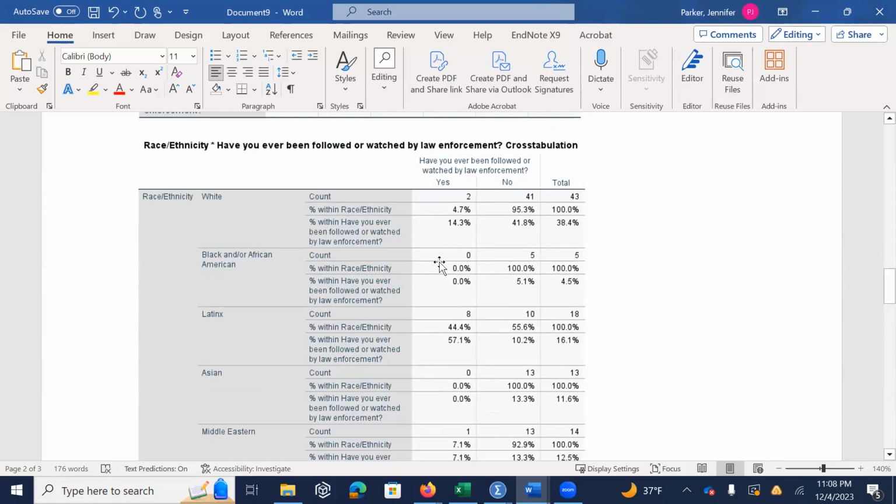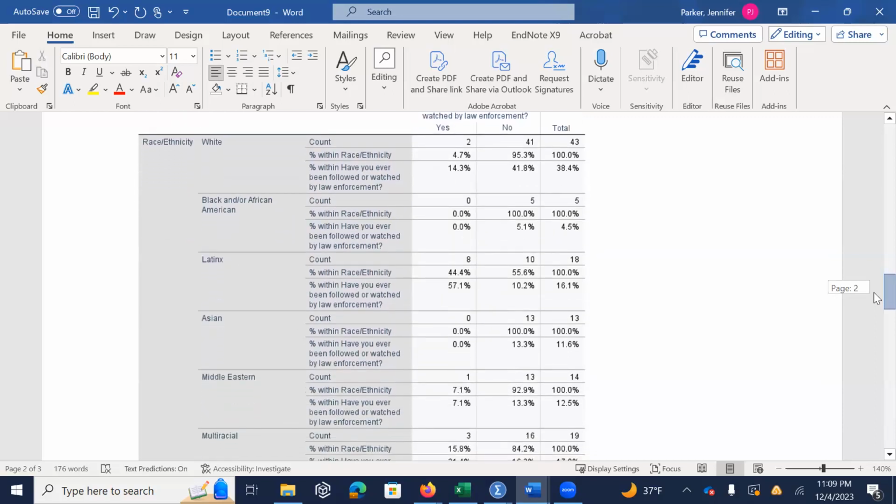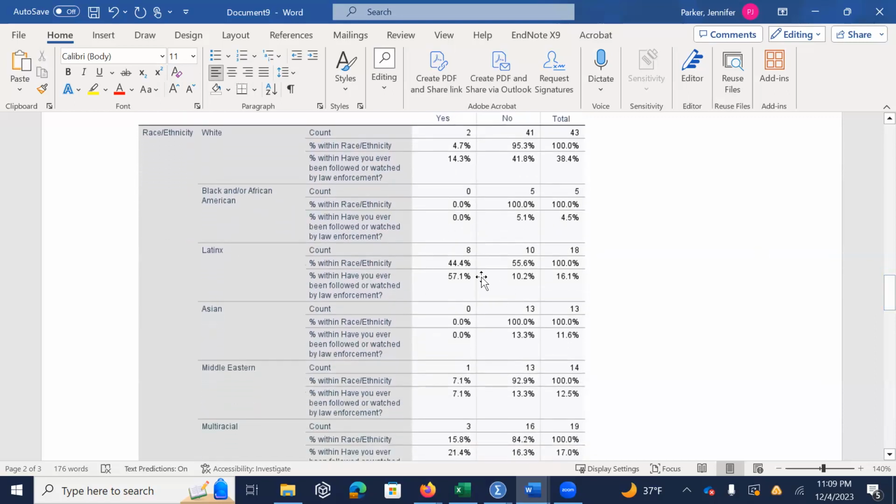For instance, we could say something about the lowest and highest percentage of groups that have in fact been followed or watched by law enforcement. So we could say something like nearly half of Latinx respondents claim to have been followed by the police.